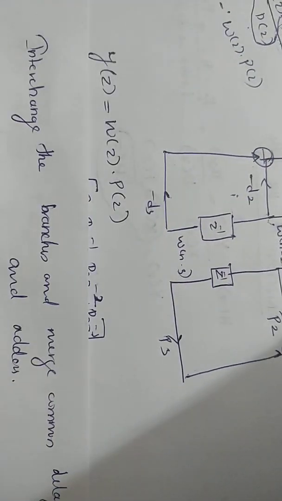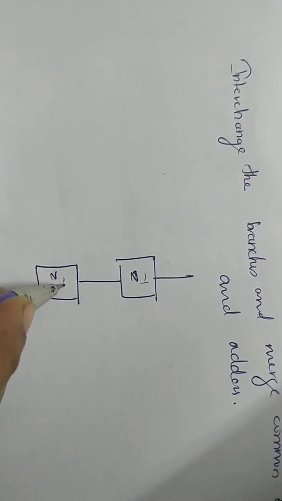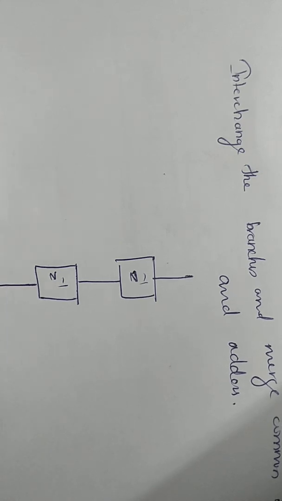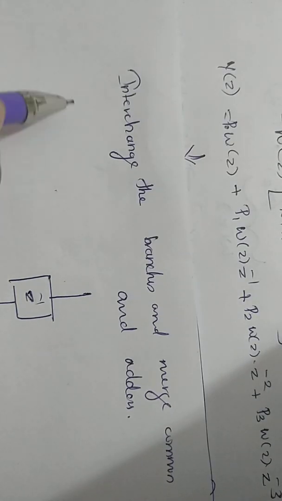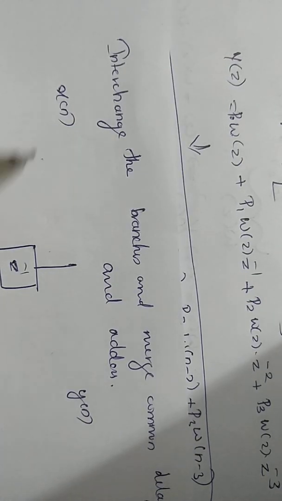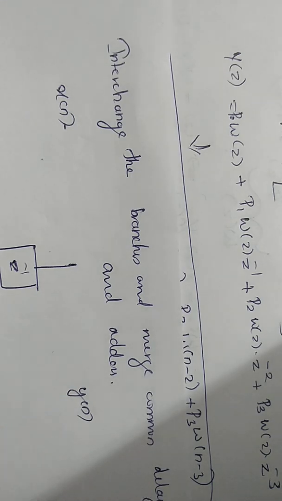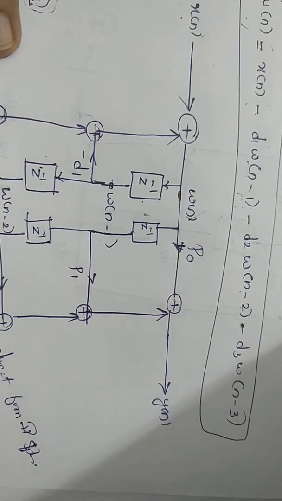Our figure will become like this; this was our earlier figure, and common delays are there. So I am drawing 3 common delays at first: z inverse, z inverse, z inverse. What is the input? X of n is the input, y of n is the output. And I am going to interchange the branches. Earlier, on this side were the p1, p2, p3 coefficients.